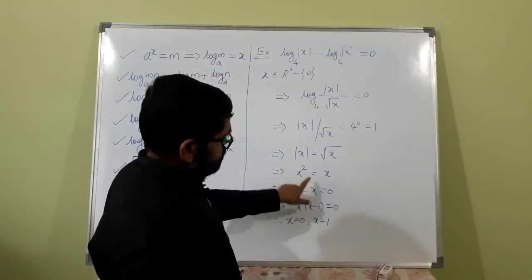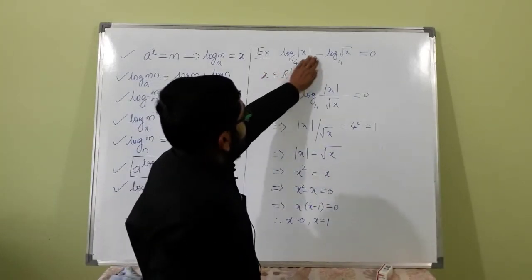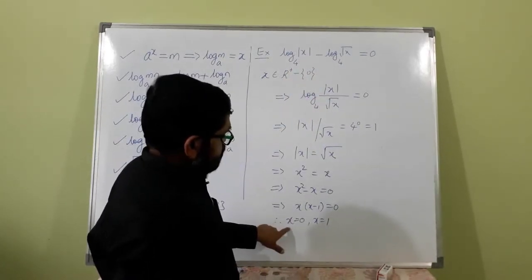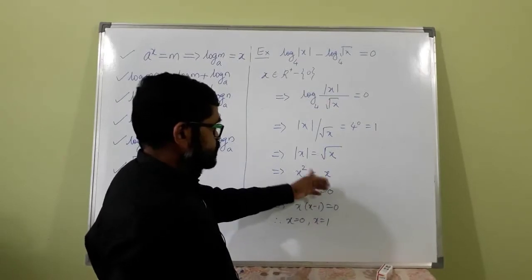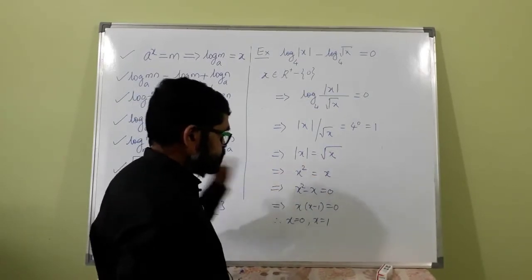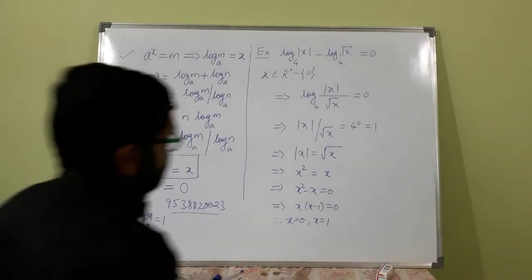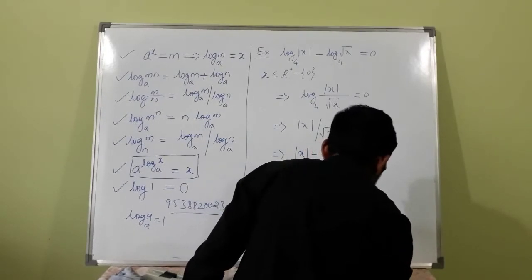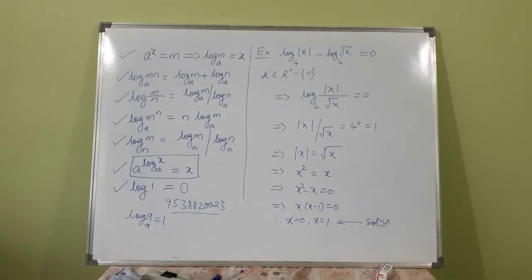If you cancel here, you will get only one value. Suppose x belongs to R, only this much is given, then x is equal to 1 will be correct. You can cancel and you will get the same answer, but the procedure is like this. See, so x is equal to 0 and x is equal to 1 are the solutions. These are the solutions.